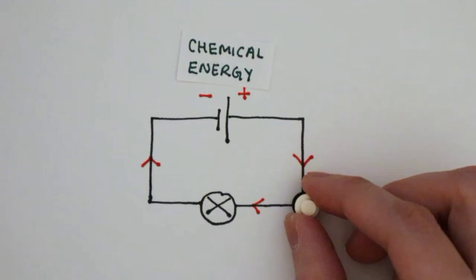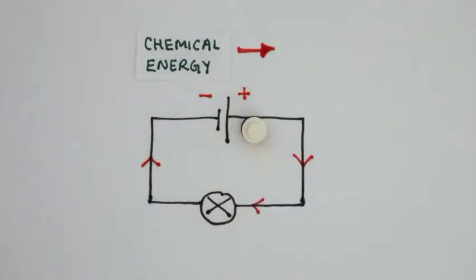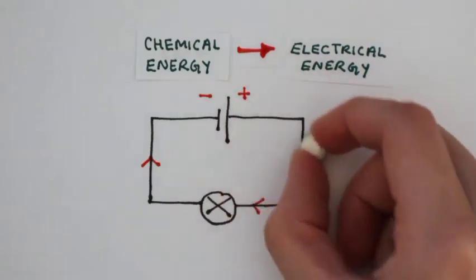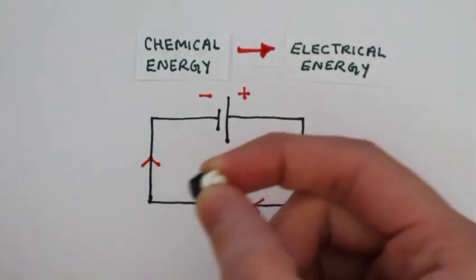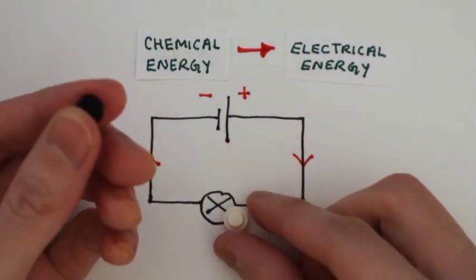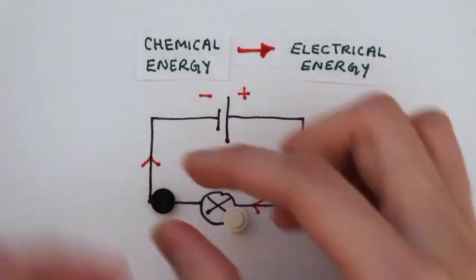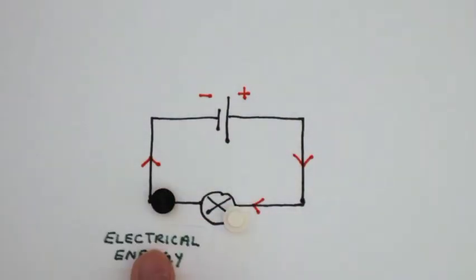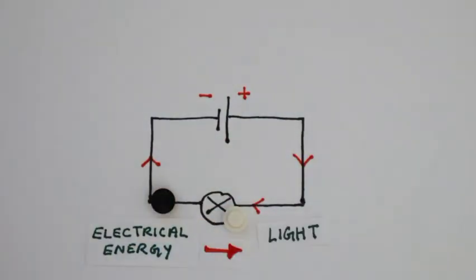The energy transfer from the cell to the electron is from chemical energy to electrical energy. When the electron passes through the light bulb, the electron gives up its energy to the bulb. This energy transfer is from electrical to light and thermal energy.